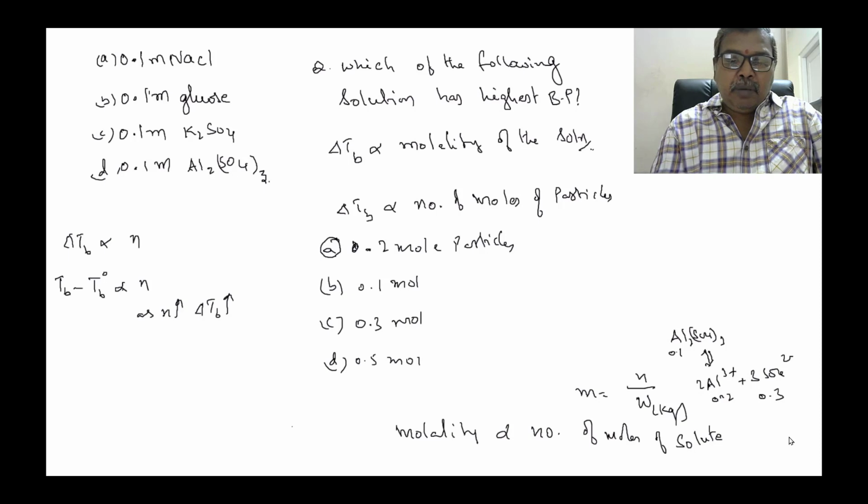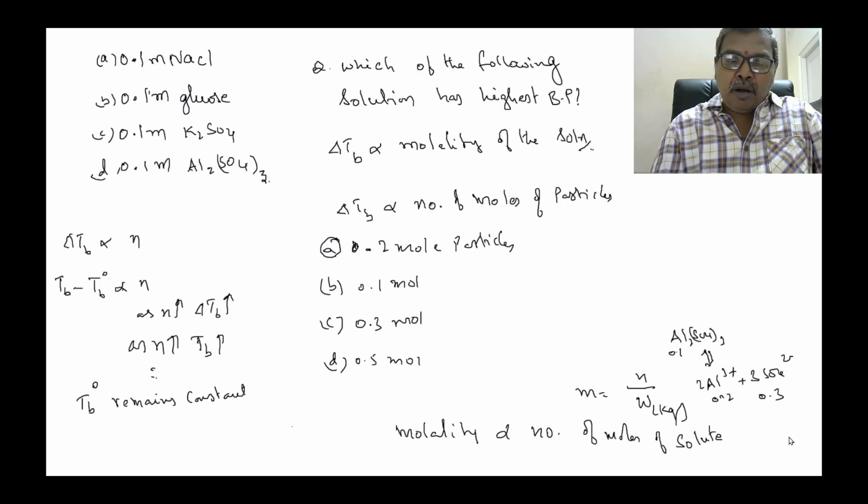So, TB naught remains constant. To increase delta TB value, TB value increases.